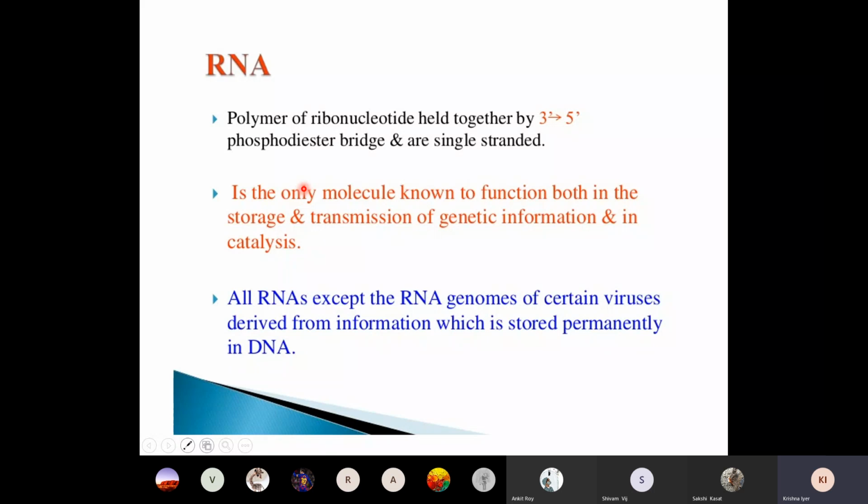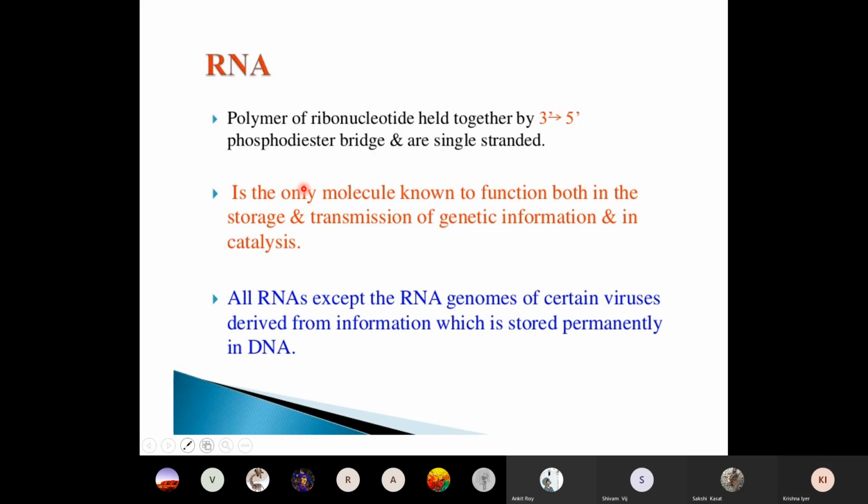It is said to have storage function and transmission of genetic information function. But RNA is also known to work almost like an enzyme and do catalysis. That's why it is said to be the only molecule known to have both storage and transmission functions as far as genetic information is concerned, but also catalytic function. And you must have heard about things called ribozymes by now. So we know RNA can also have catalytic function.